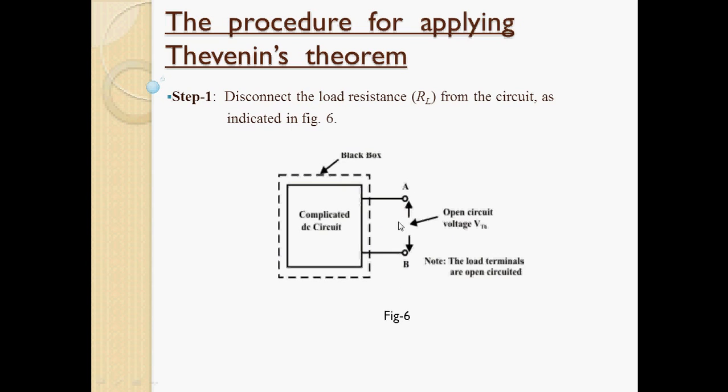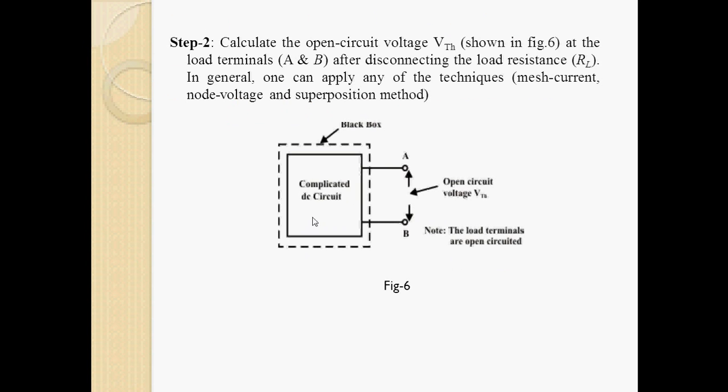So first we disconnect the load, leaving the complete DC circuit with voltage source and current source. Now step 2: measure the voltage here, at the open load terminals. That voltage will be VTH.